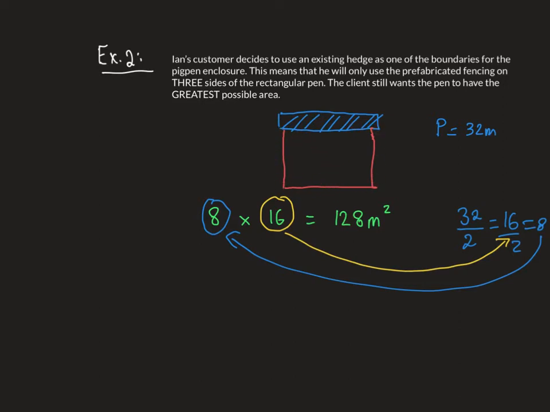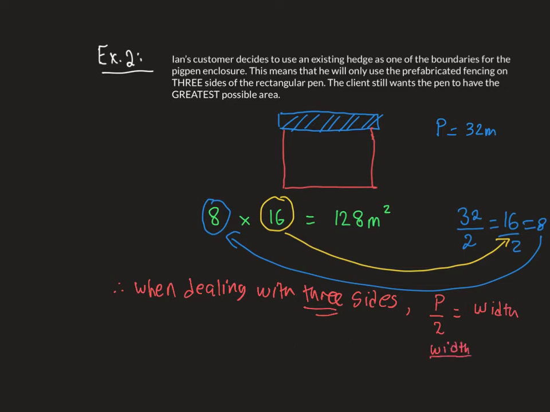So, therefore, when dealing with 3 sides, you take your perimeter and divide it by 2. This will give you your width or length, however you want to do it. And then you take your width that you just got, divided by 2, and that will get you your length.